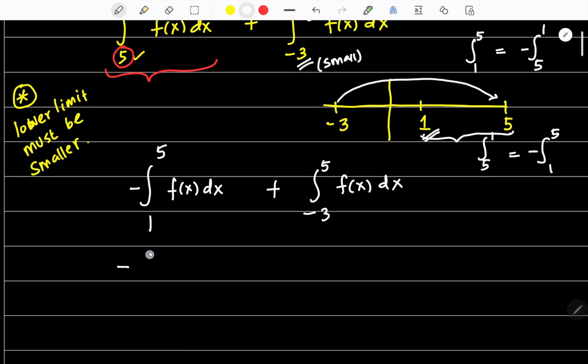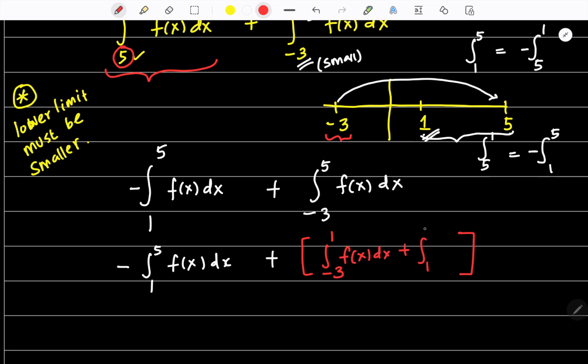So what I'm going to do is minus integral 1 to 5 f of x dx and then plus, I am going to split this integral into minus 3 to 1 and 1 to 5. So I'm writing this as minus 3 to 1 f of x dx plus integral 1 to 5 f of x dx. Teacher, how is it possible?